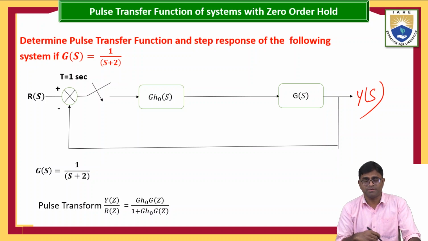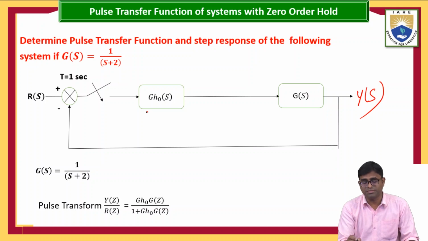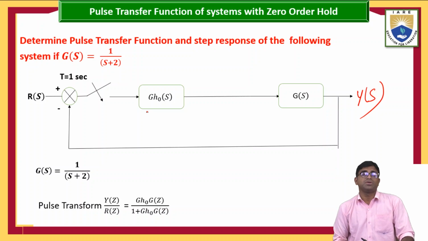Convert that to the z transform, Y of z by R of z, into the forward multiplication factor, that is G h naught of s by 1 plus the closed path function with unity feedback. So G of z by 1 plus G h naught of z, we get the value.